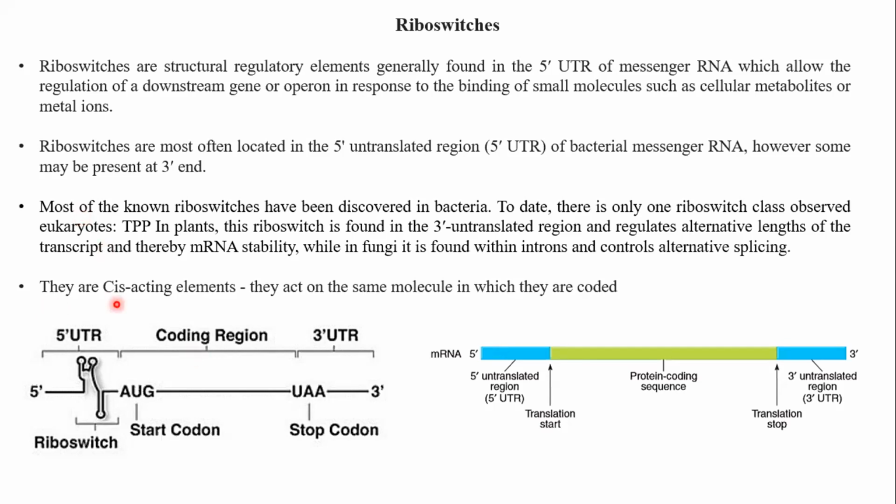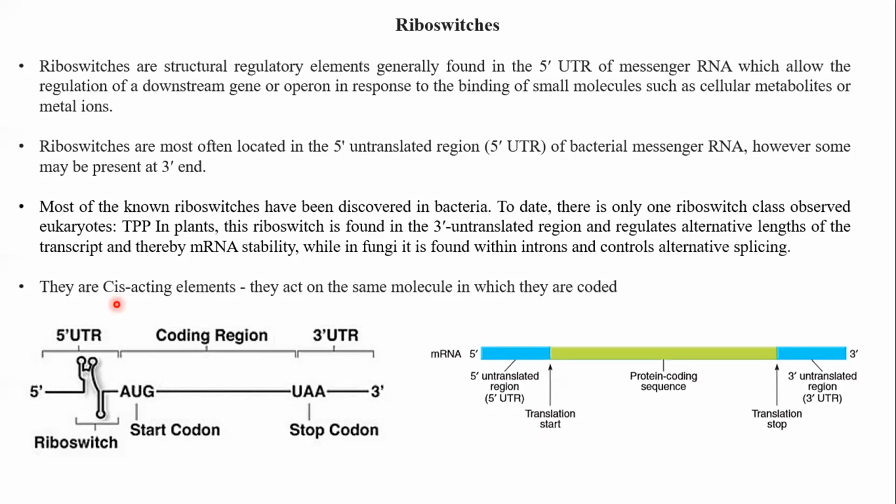Now the next point is they are cis-acting elements. What do you mean by cis-acting elements? You know the word cis, and the second is trans. There are two terms, cis-acting elements and trans-acting elements. We will be encountering these terms in this as well as the next topic. In isomers also there are cis isomers and trans isomers. So cis means on the same side, trans means on the other side.